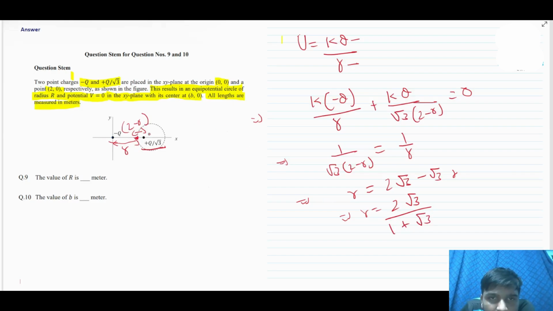If we similarly take another point, let me draw the diagram one more time. There is a point here, there is another point here, and we can take a circle near it. If we take the point here on the circle, we can again say that at this point also the potential should be equal to 0, since it is the equipotential circle.